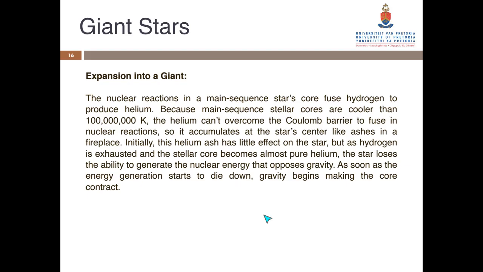Initially, the helium ash has little effect on the star. But as hydrogen is exhausted and the stellar core becomes almost pure helium, the star loses the ability to generate nuclear energy that opposes gravity. And as soon as the energy generation starts to die down, gravity begins making the core contract.